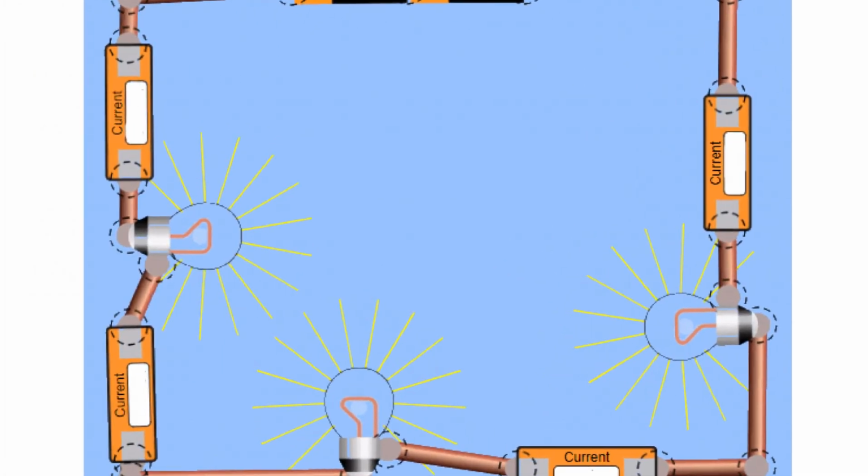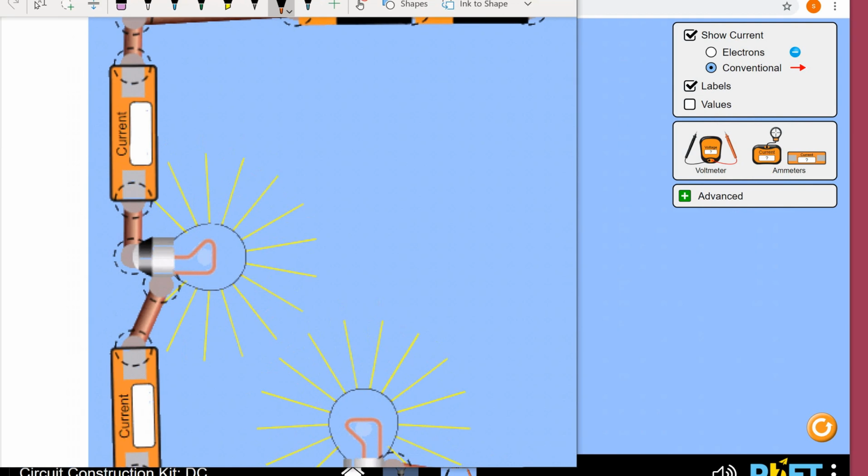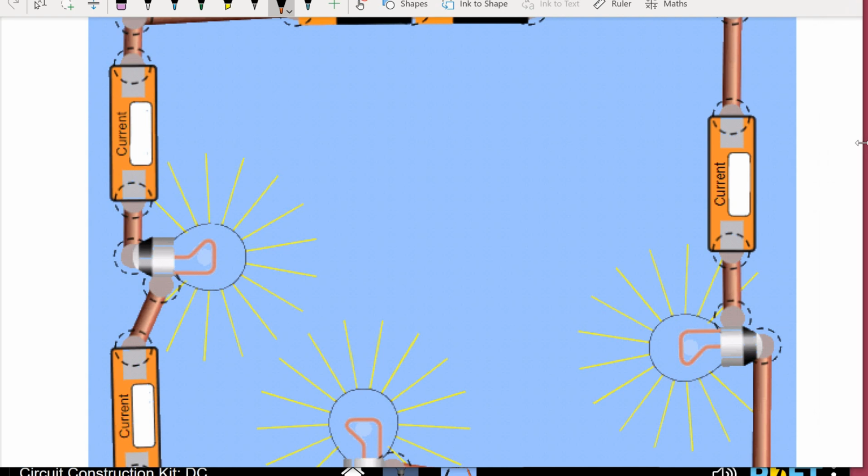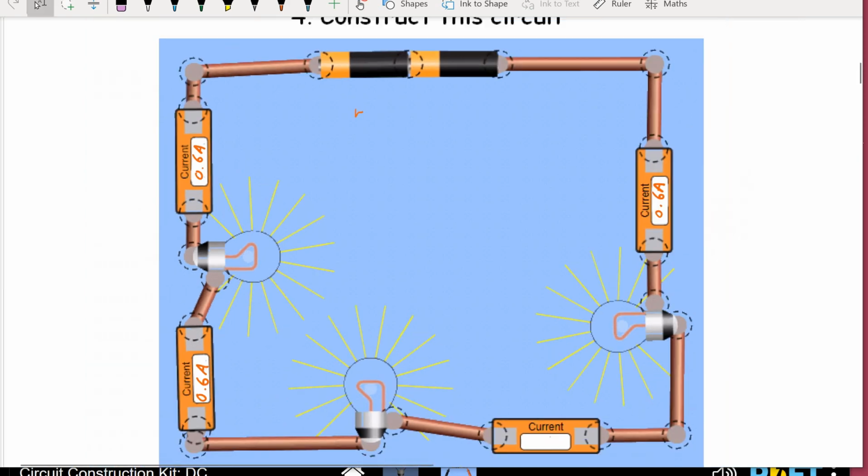So, I'm going to be writing this in now. 0.6 amps, 0.60 amps, same thing. 0.60 amps here.